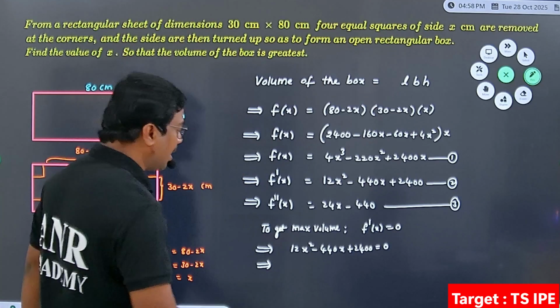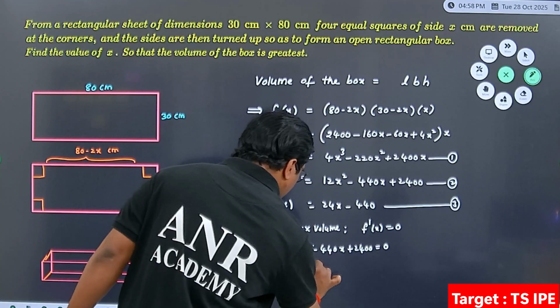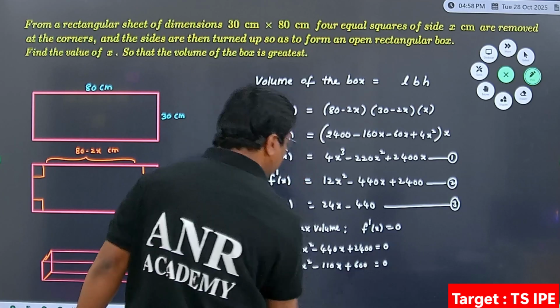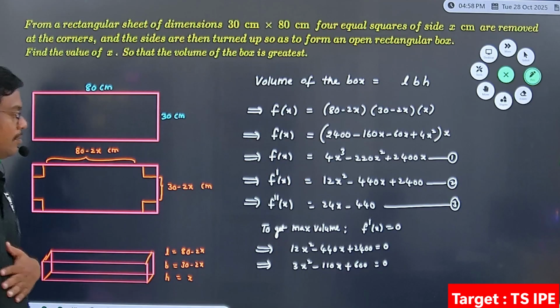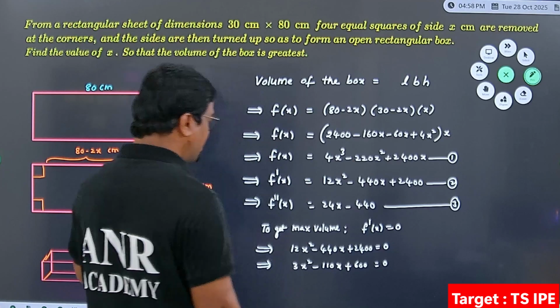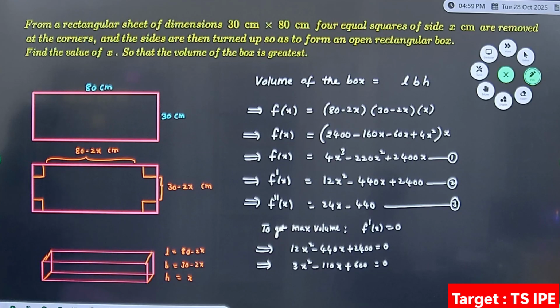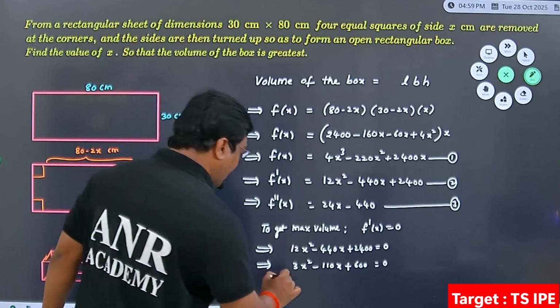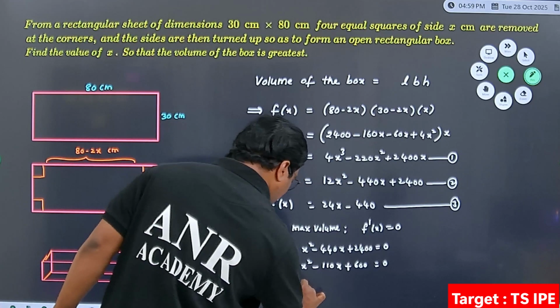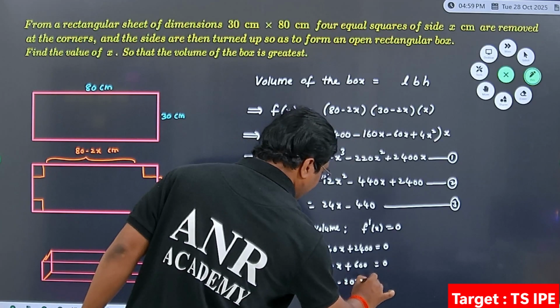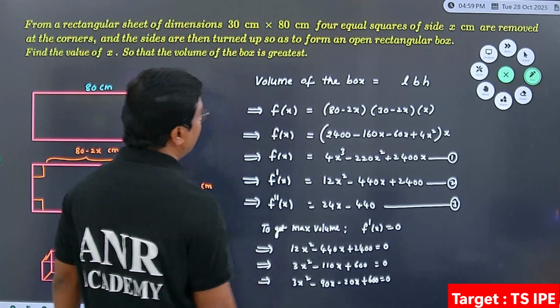Yes, I can write 3x square minus 110x plus 600 equal to 0. Next, now I am going to factorize this. Factors of this we get 3x square minus 90x minus 20x plus 600 equals 0 we can write.